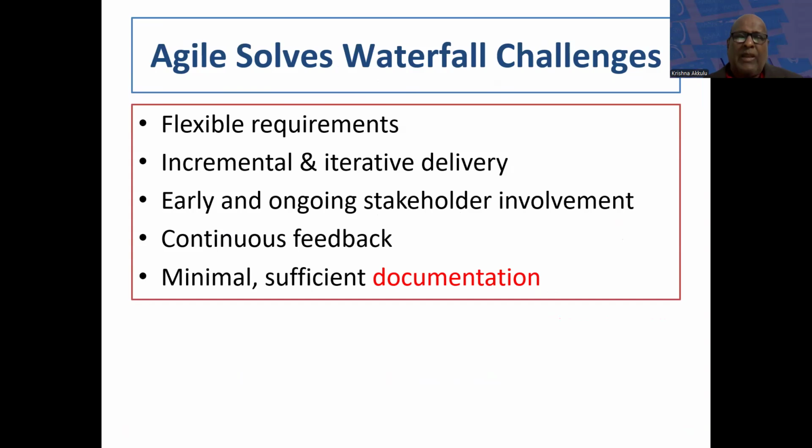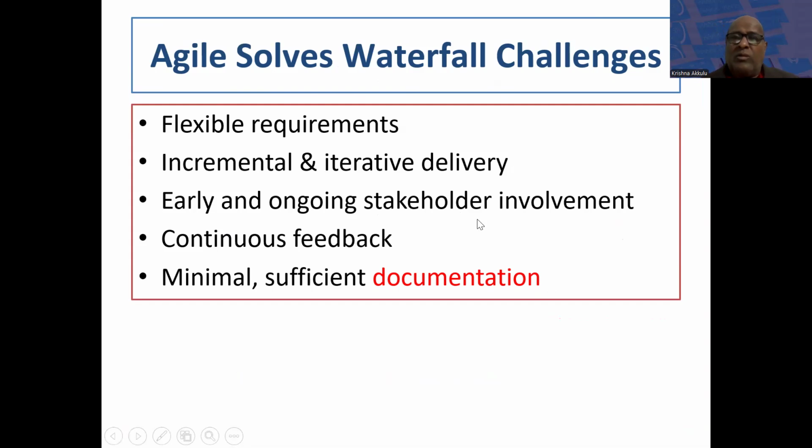Again, the scope can be adjusted. If scope changes are there, then we will be flexible to accept the requirements. So is the incremental and iterative process. We are not working for 2 years or 3 years. We work in short periods with small goals, so we are achieving them, reviewing with the customer, getting the feedback, and implementing it.